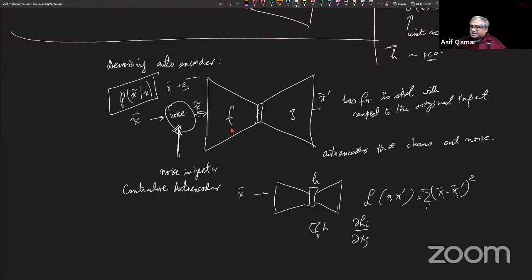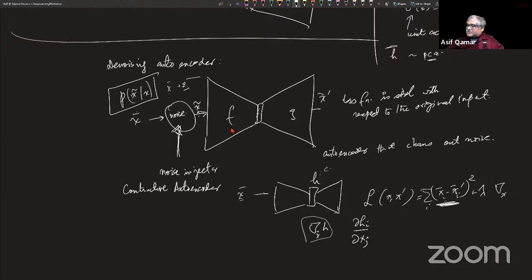You try to minimize the change. It's very peculiar. You're trying to make the internal representation insensitive to changes in the input. One easy way to do that is just make it constant. If you do that, though, this part of the loss term blows up. So this part, by the way, is the Jacobian. So you add the Jacobian of that.